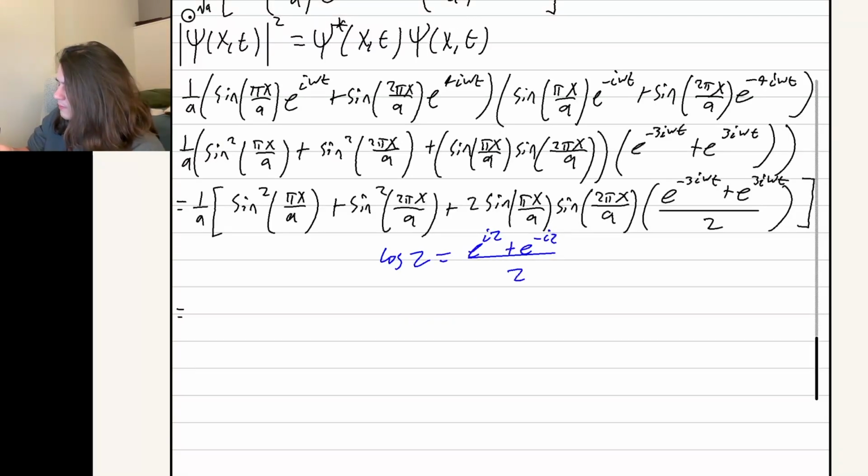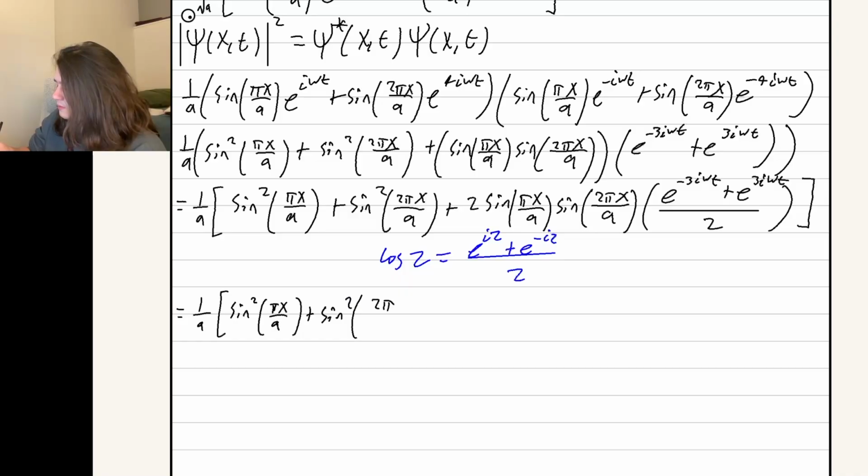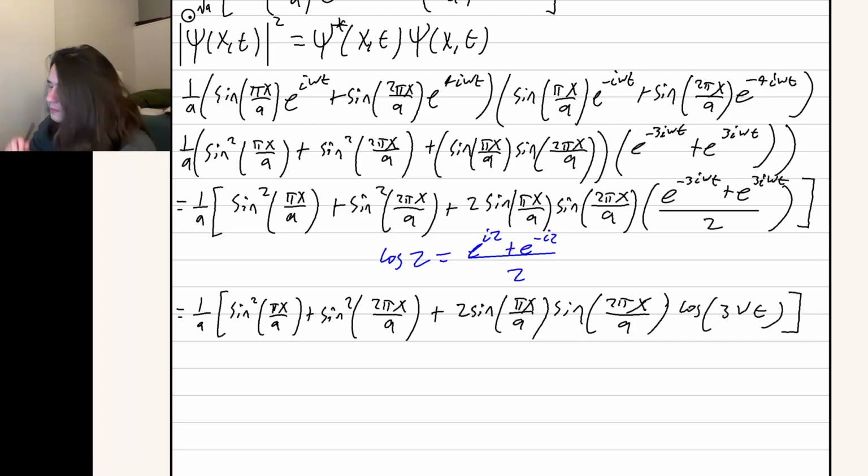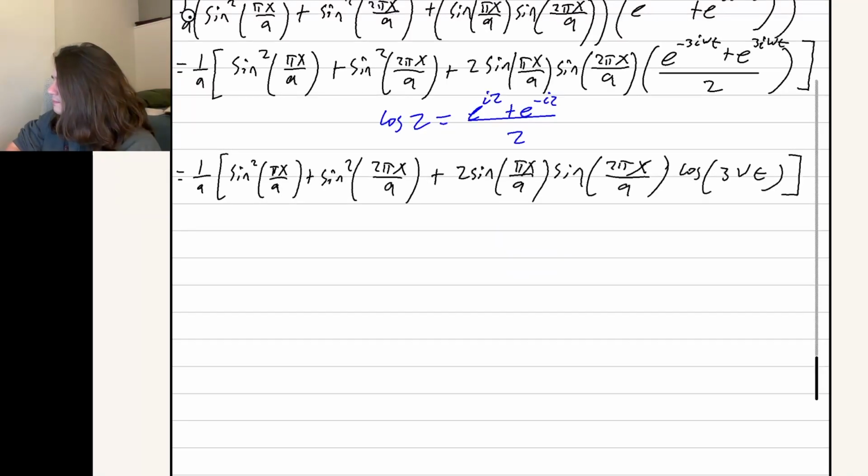So finally, the square modulus can be written as 1 over a, sine squared pi x over a plus sine squared 2 pi x over a plus 2 sine pi x over a sine 2 pi x over a cosine 3 omega t. Right. That was a lot of work for a cosine, but hey, what can you do?